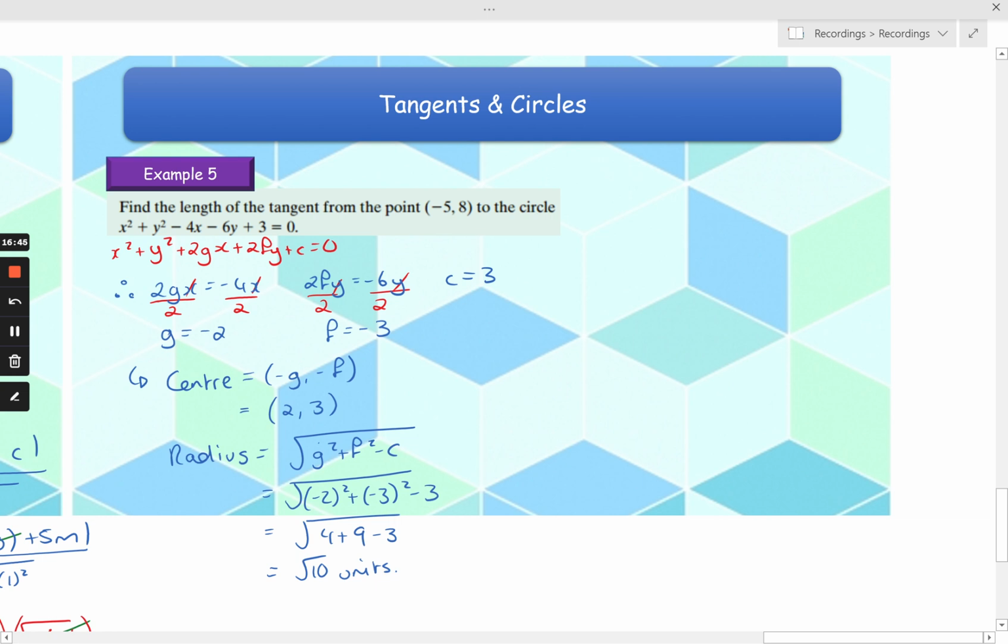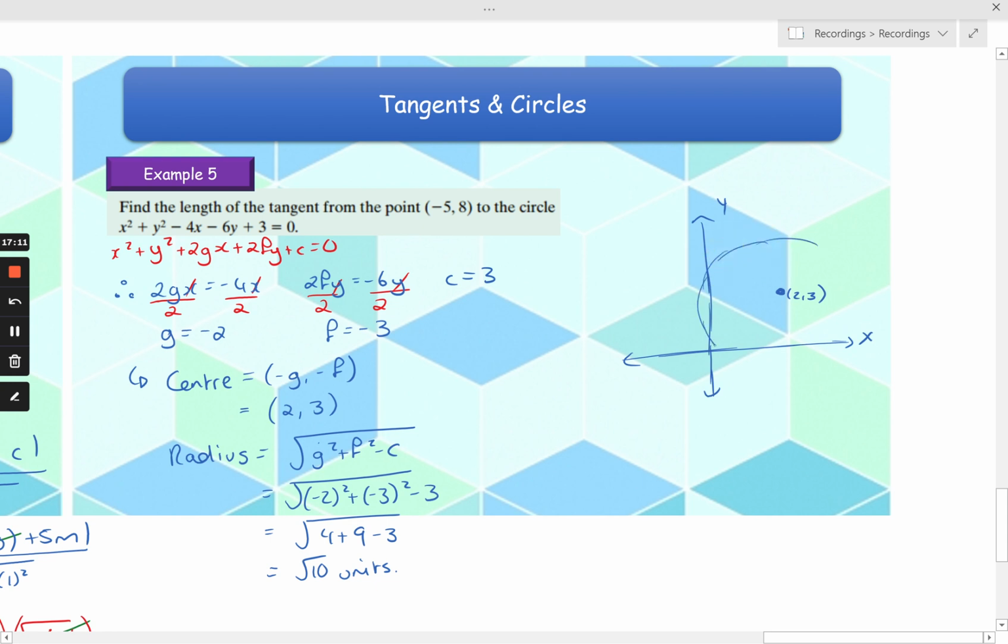Now, it says find the length of the tangent from the point minus 5, 8 to the circle. So from here I can draw a rough sketch, guys, to see what my circle is going to look like and what this tangent is going to look like. I can see that I have an x and a y axis, that the centre of my circle is 2, 3, so it's in my positive coordinates here.